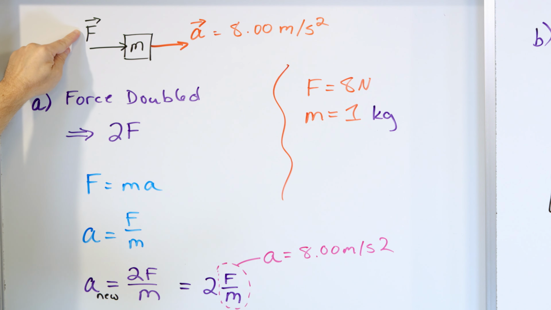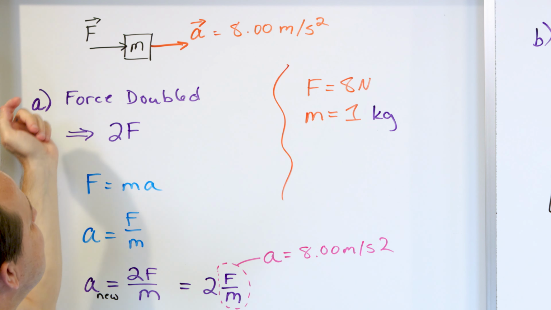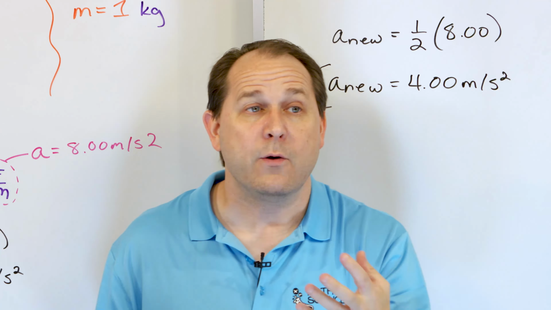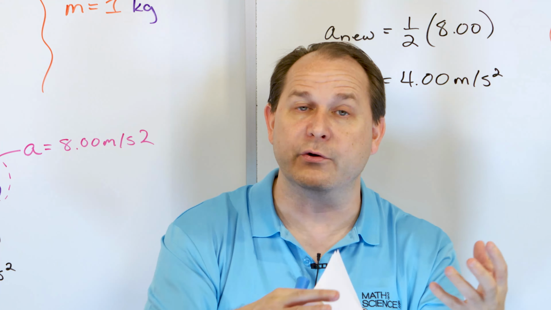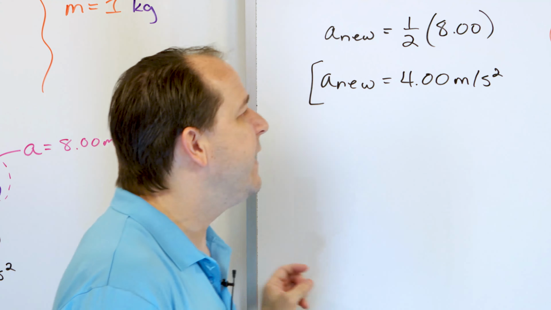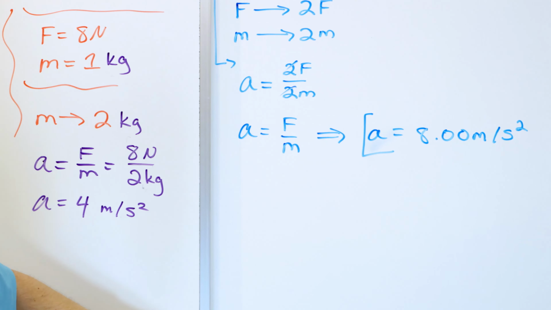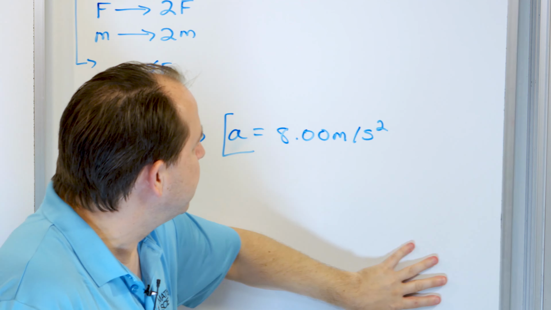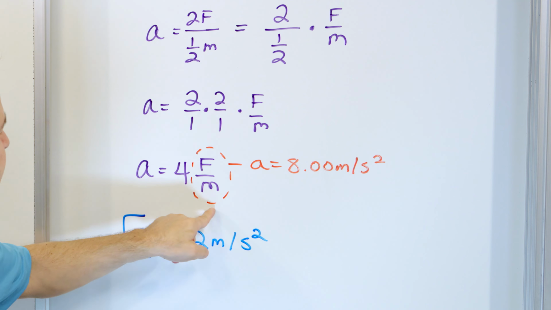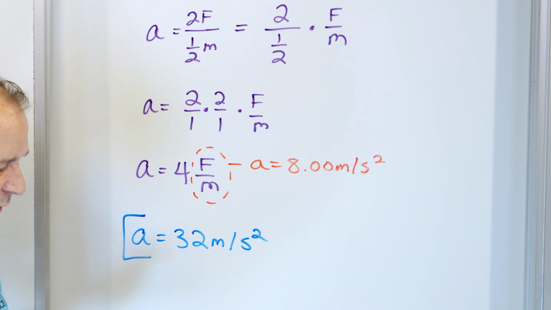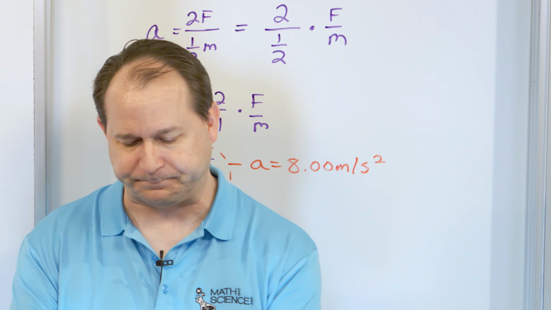Doubling the force gives me a factor of 2 in my acceleration, and cutting the mass in half gives me another factor of 2 in acceleration. One factor of 2 times another factor of 2 means a factor of 4 increase on the acceleration. And so because of that, 4 times the original acceleration of 8 is 32 meters per second squared.